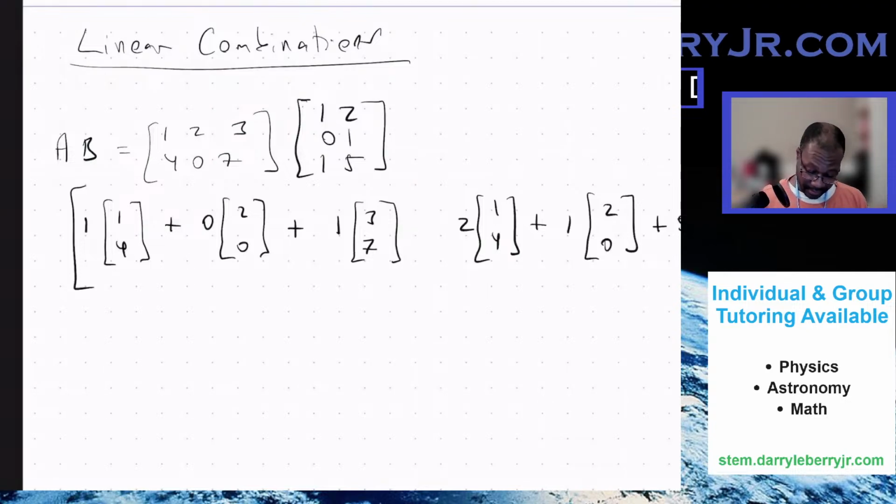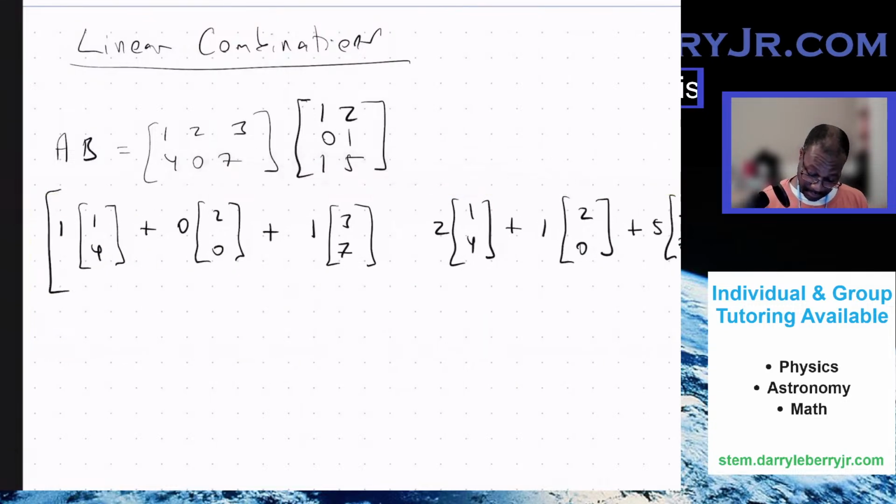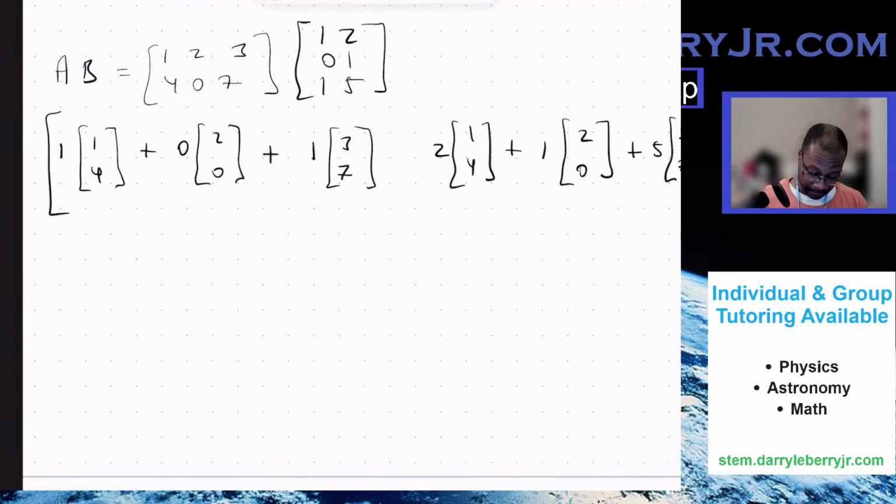What I did here was take each of the columns of matrix A and let them be the vectors for a linear combination, with the entries of the columns of B turned to the side as if they were rows. So that's going to be (1, 4) plus (0, 0) plus (3, 7).